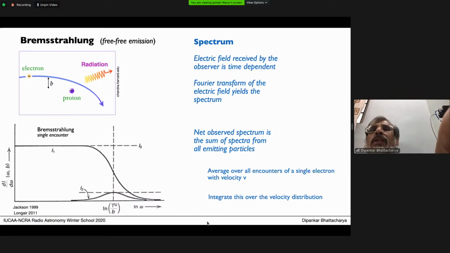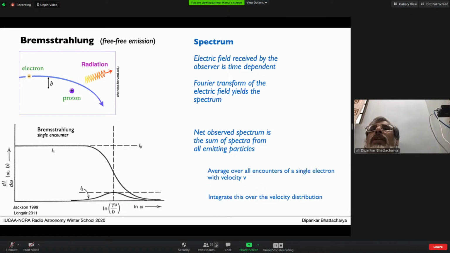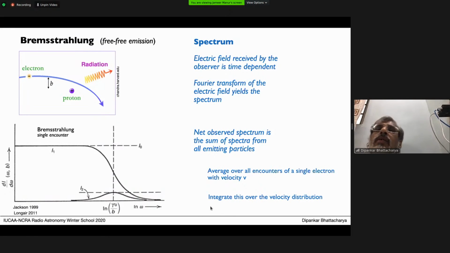So this is in a single encounter. Now, the electron has the probability of encountering a charged particle with many different values of b. And because of that possibility, the emission from a single electron itself can come at different frequencies. So it's a whole range of frequencies, which is governed by the allowable values of b.